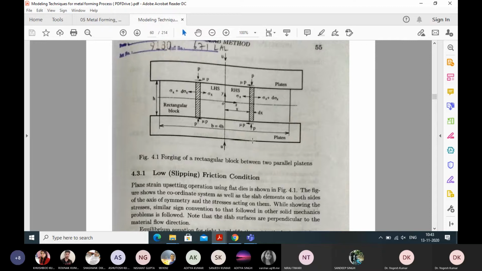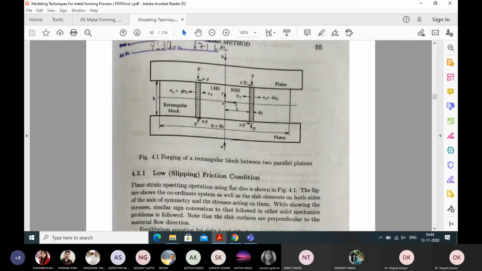Okay, so what will be the other forces, other stresses on this strip? Since it is being compressed, there will be some pressure. This pressure is shown by the symbol P. Since there is flow of material, there will be a resistive force because of friction.